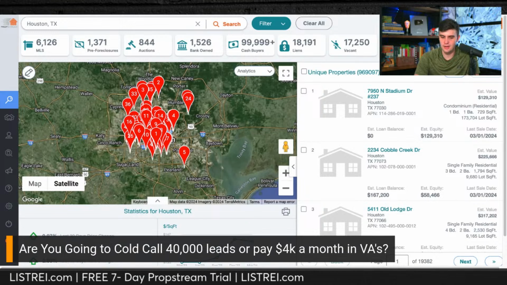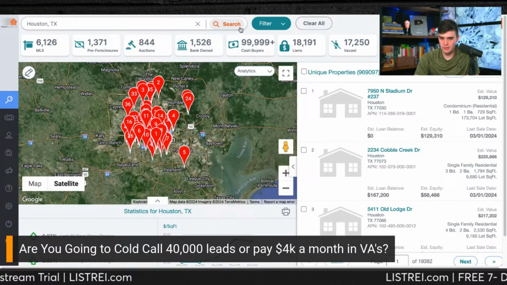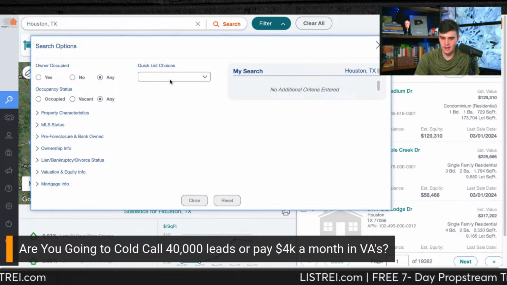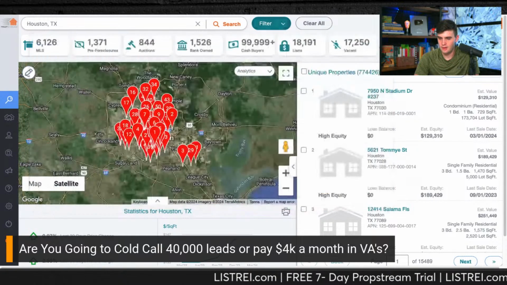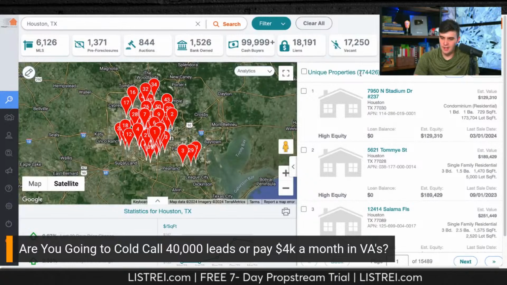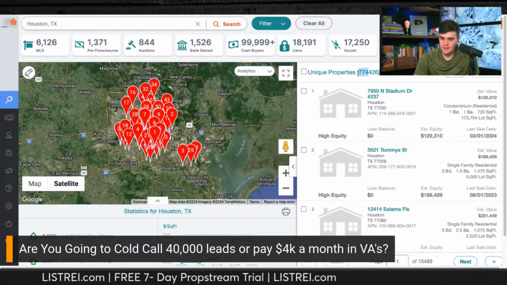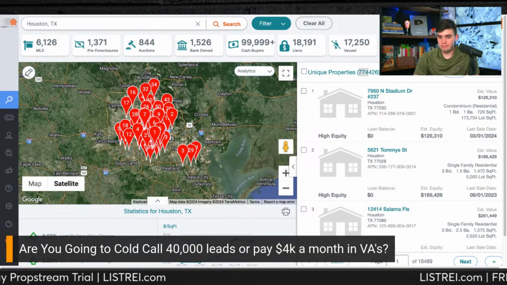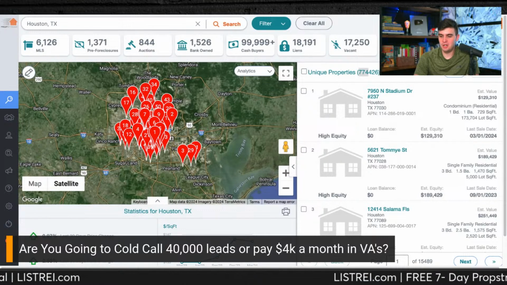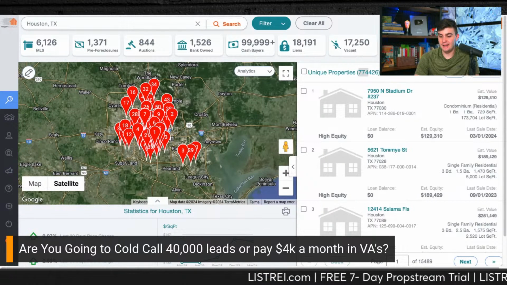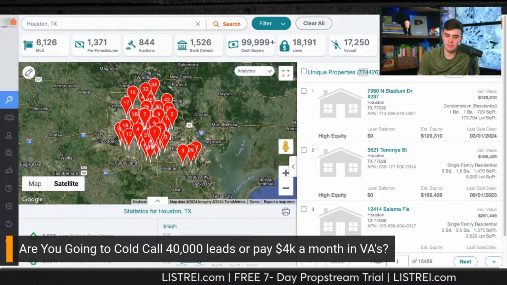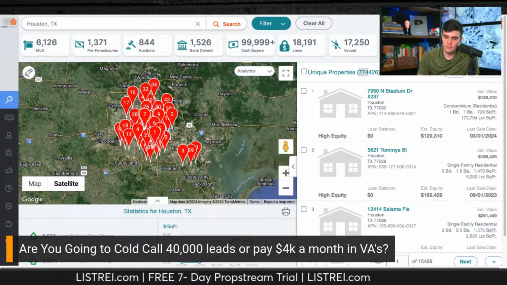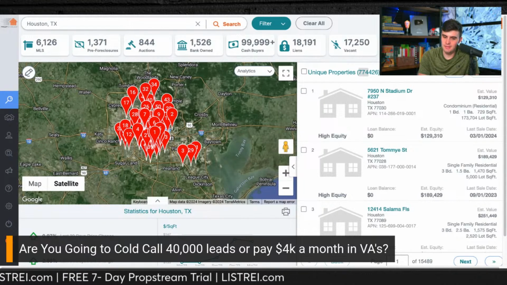So I'm going to go to filter, click high equity, and boom, we have 744,000 high equities in Harris County. Should I do that? Is that what we should be doing? I know every big deal is going to have this on here, but what do I do? Yeah, it's a mess, right?